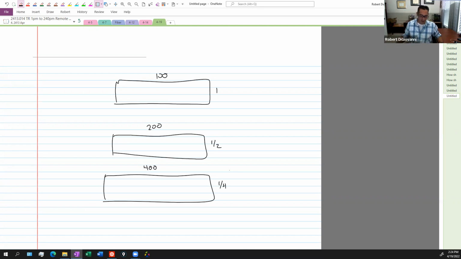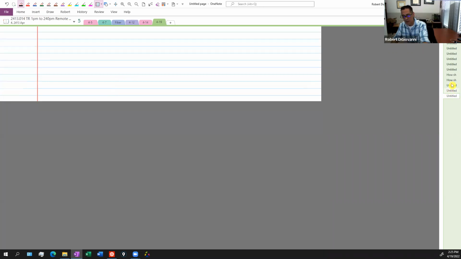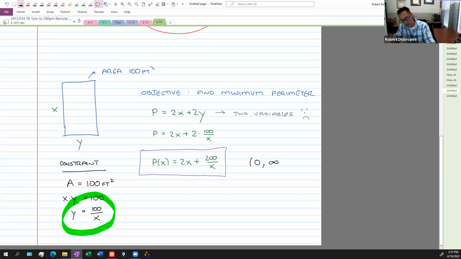No, I'm kidding. I could go as big as I want, right? Because I could make the other side get really, really small. Now, would I ever build it that way? Absolutely not. But I have to take into consideration that I can make x theoretically go as big as I ever want, and the y just keeps shrinking. So mathematically, we go to infinity here. The big thing is that this is open, okay? It's an open interval, which means we can't use the closed interval method, which means we have to do what we've been doing like the last 2 days.